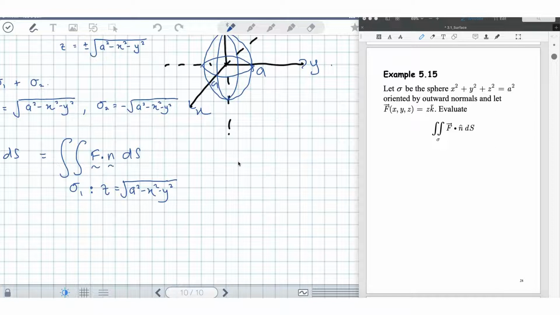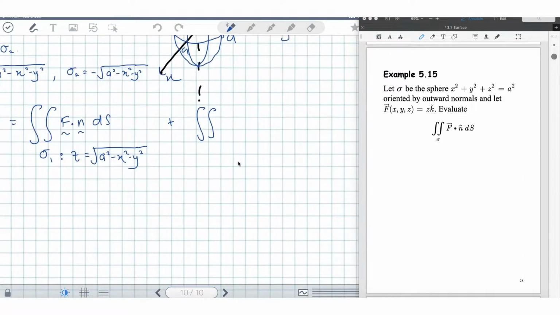The other one is from sigma 2, where the surface equation is negative square root of a squared minus x squared minus y squared. F dot n, we use the standard one first, dS.